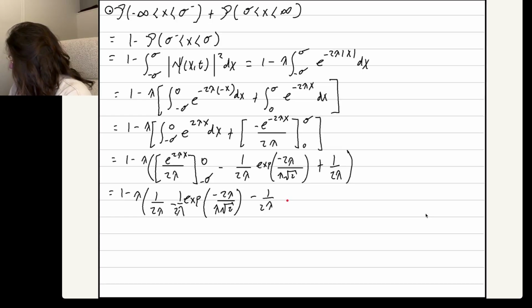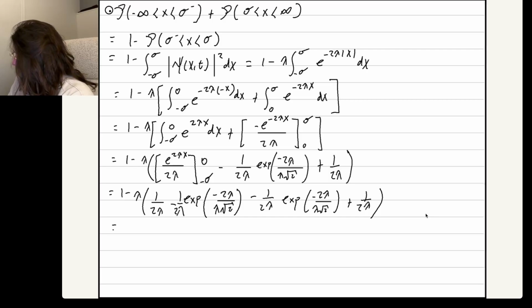Then minus 1 over 2 lambda e to the minus 2 lambda over lambda root 2, plus 1 over 2 lambda. So everything has a lambda term, so we can cancel out the lambda out front.